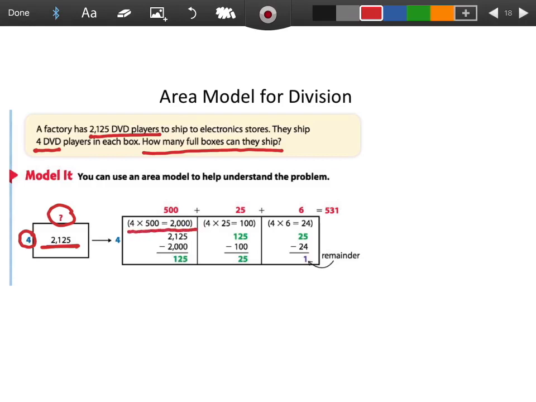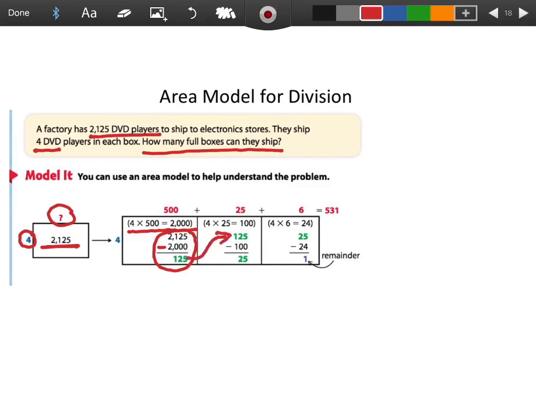So I'm going to pack 500 boxes with 4 DVD players in there. So I'm going to pack them up by taking that 2,000 out from my 2,125. When I do that, I have 125 DVD players left to pack up. So I'm going to move my 125 up here.